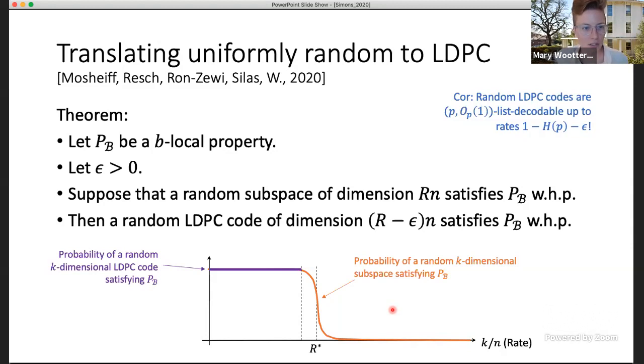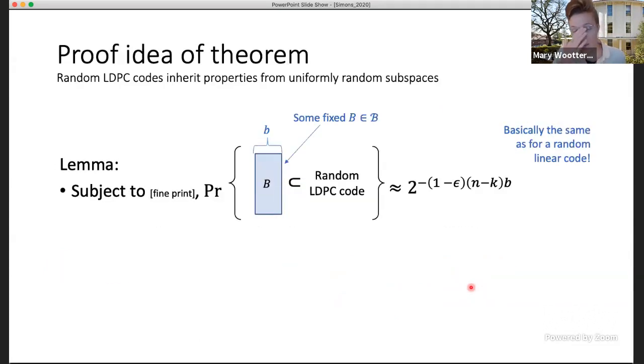Other questions? Cool. Okay, so let me say just a little bit about the proof. I claim that this basically comes for free from this characterization that I just told you. So here's why. Okay, so first we need a lemma. So the lemma is the following.